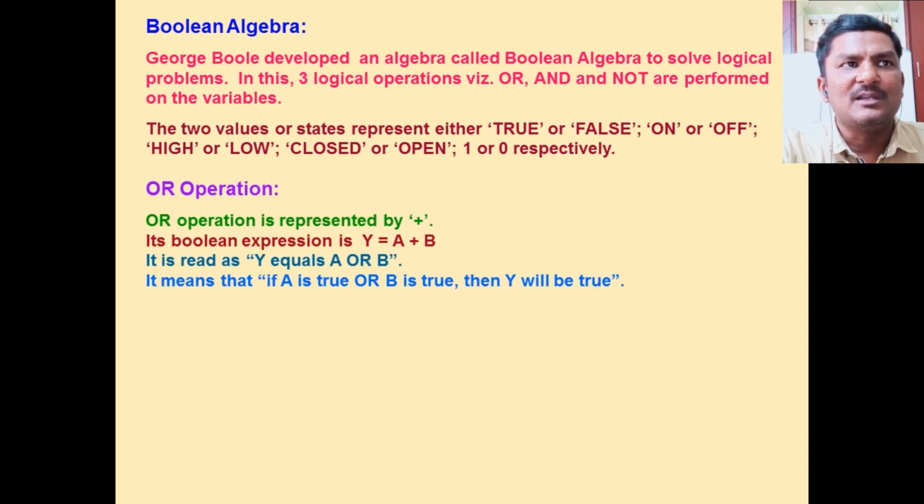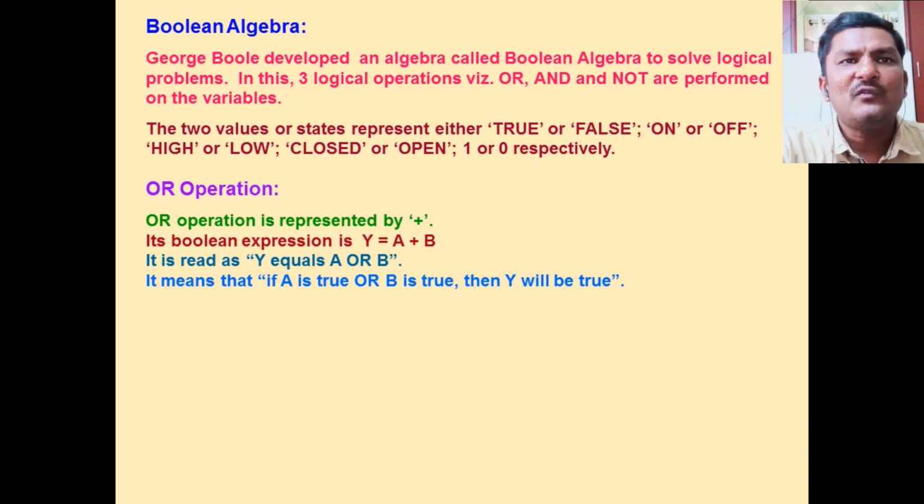Boolean algebra. George Boole developed an algebra that is called Boolean algebra. This Boolean algebra is very useful to solve logical problems. We have three logical operations: OR, AND, NOT.